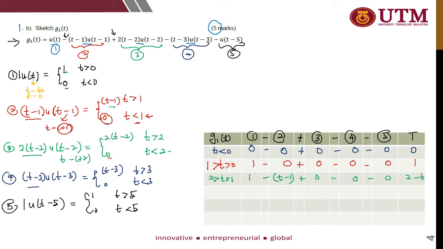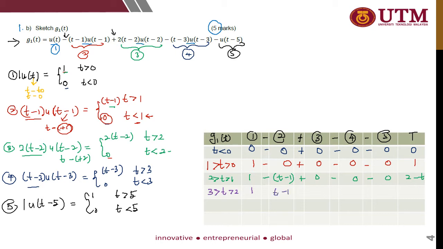Let's move on to the next range. Let's use a different color. Before this it was t less than 2, now it becomes t larger than 2, but less than the next range, which is 3. Look at the first component: larger than 2, always 1. The second component, larger than 2, is t minus 1.